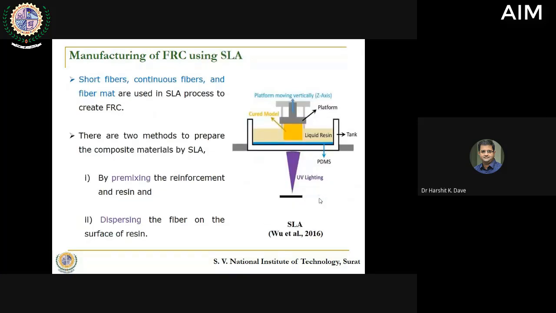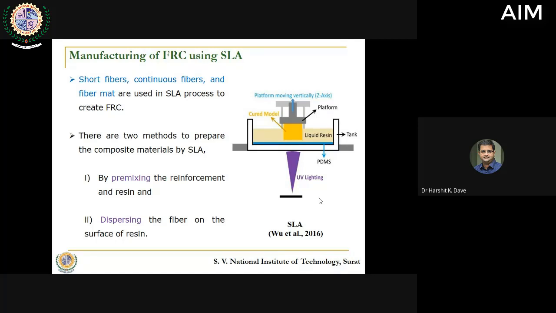When we discuss fiber reinforced composites using the photopolymerization process, as is evident from the figure, there is a liquid resin, and this liquid resin is cured with the help of either UV light or lasers. In SLA, it is the UV light that is usually supplied from the bottom.